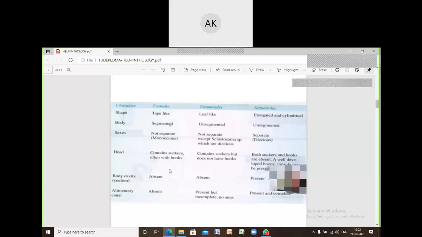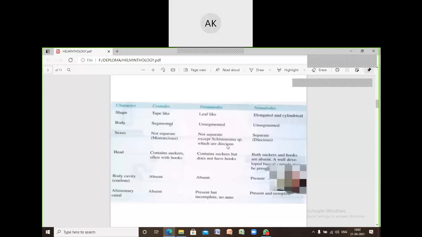Sexes. In cestodes, they are monoecious. Monoecious means both male and female organelles are present in one organism. Sorry, in cestodes and trematodes they are not separated, but in nematodes they are separated.